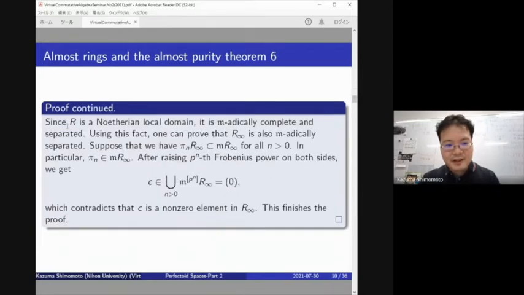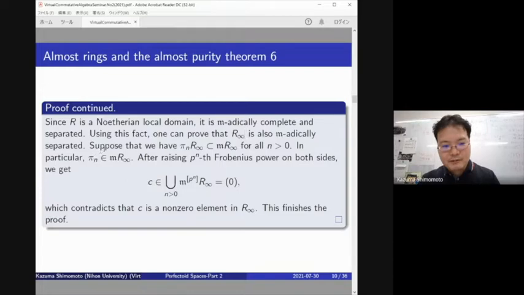Since R is a Noetherian local domain, this final step is arithmetically complete and separated. Using this fact, we can prove that R infinity is also arithmetically separated. By the way, this R infinity is not arithmetically complete, but at least arithmetically separated.